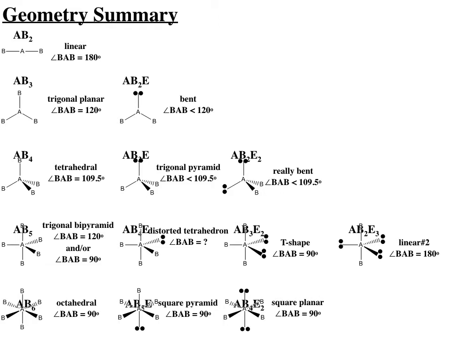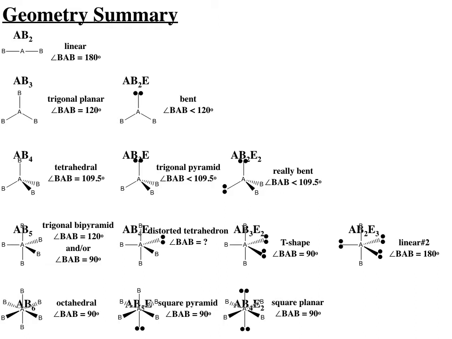There are three cases which we discussed where there are two non-bonding pairs of electrons possible on the central atom. We discussed those for the tetrahedral, trigonal bipyramid, and octahedral cases, leading to the so-called really bent, T-shaped, and square planar molecules, as you see in the third column.